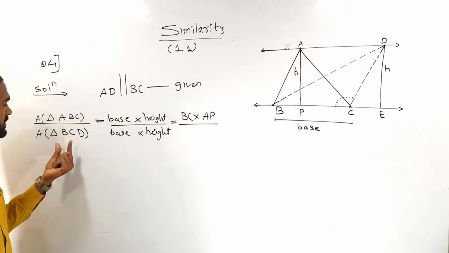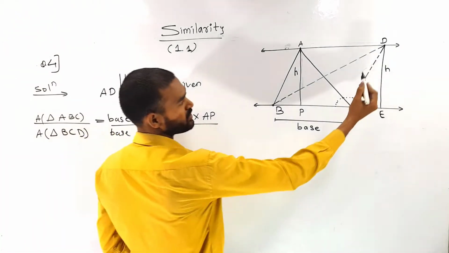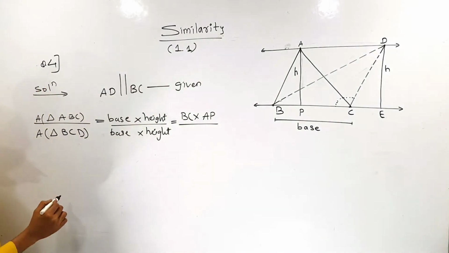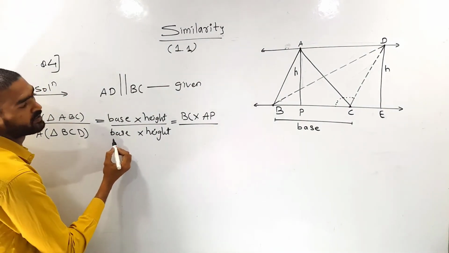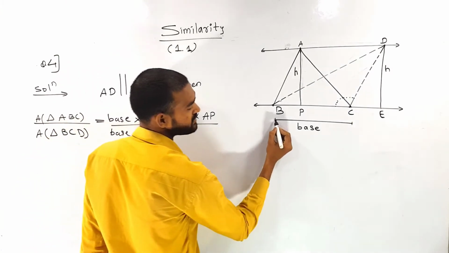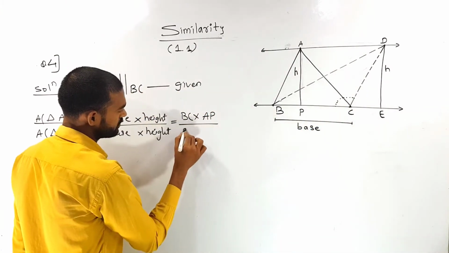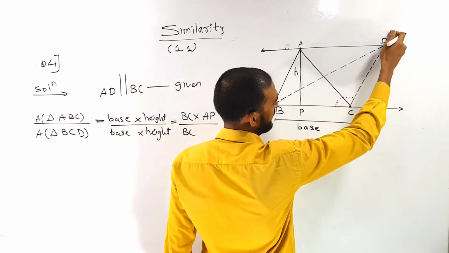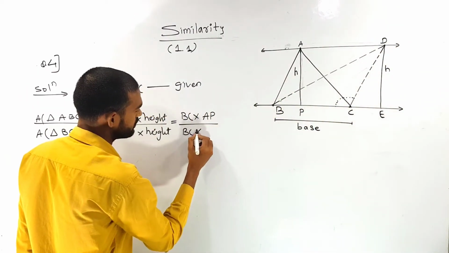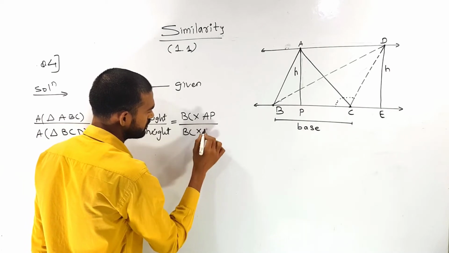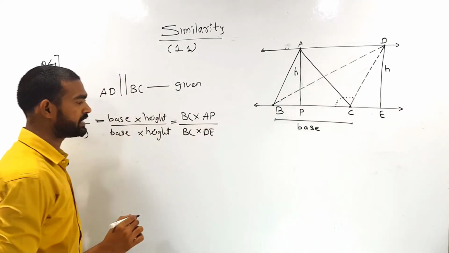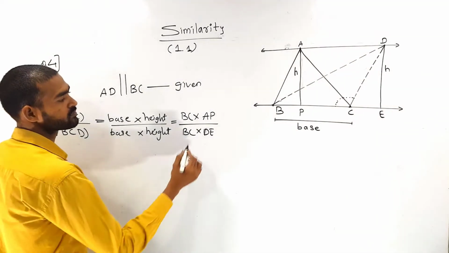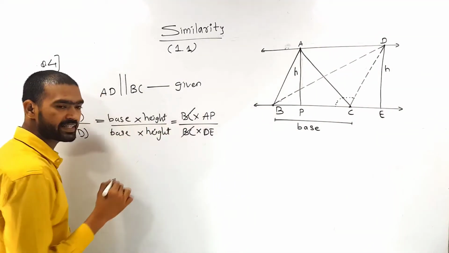Right, students? Second triangle, BCD. Let us check. DCB. In this triangle, the base is the same, BC. What about the height? Height is outside the triangle, that is DE. Height is DE.